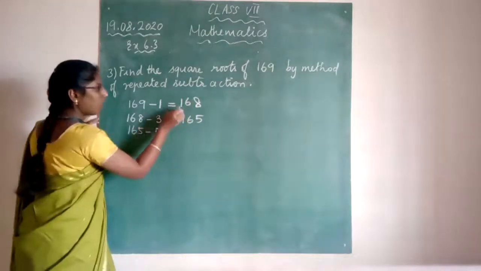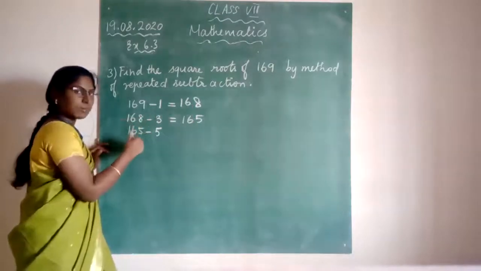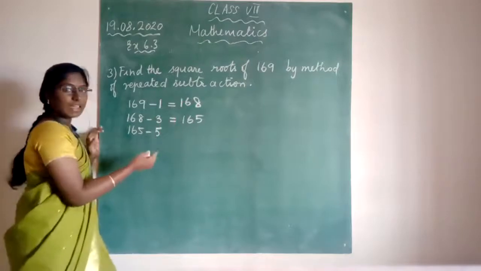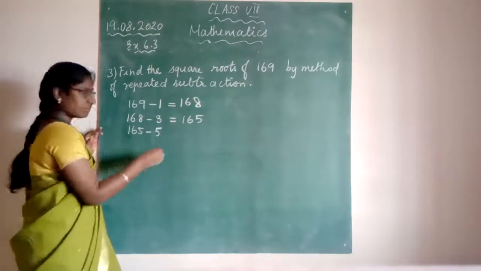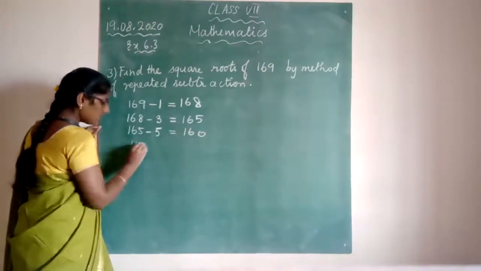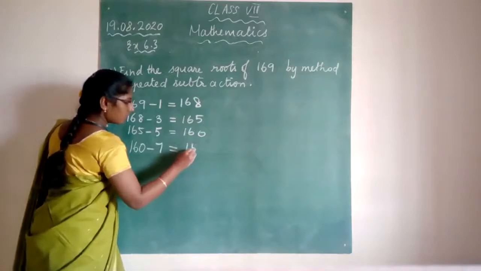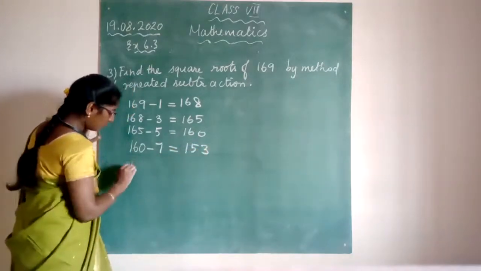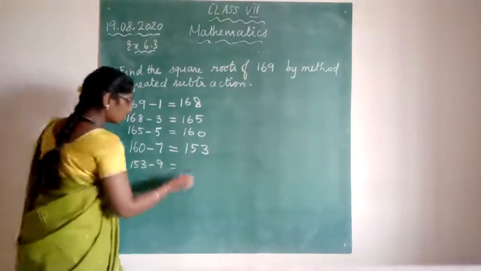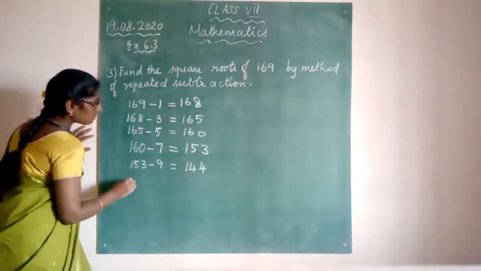Now you have to begin the next step with the result of the first step, and you have to subtract the consecutive odd numbers. So here it is 160. Then 160 minus 7, that is 153. Then 153 minus 9, that is 144.